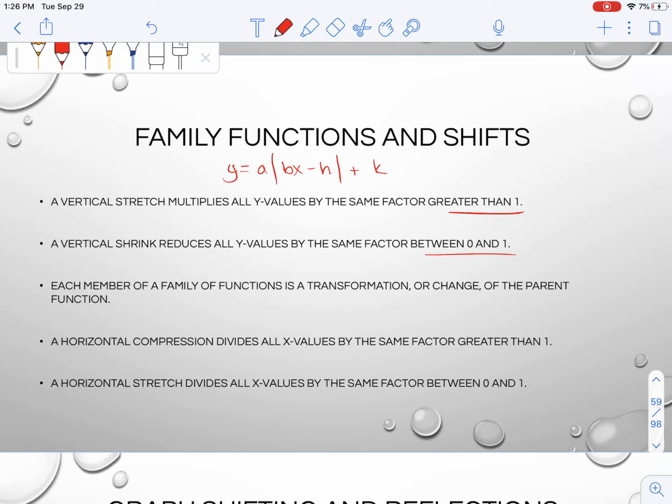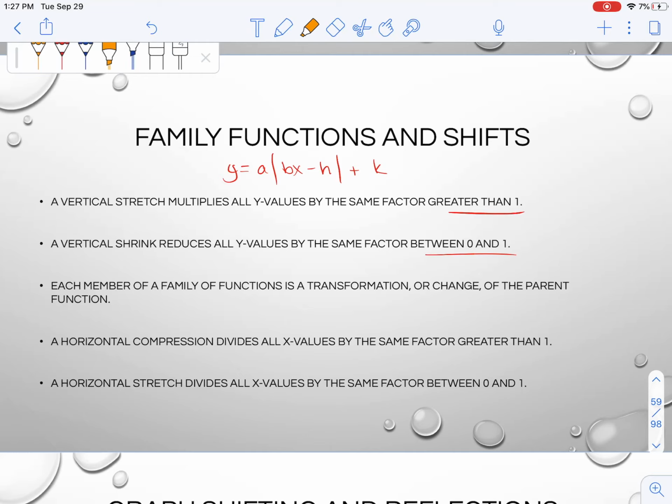Horizontal compression would be this component right here, the b inside of the function. So if I have a number times my variable x inside of the function, that's going to cause a horizontal stretch or compression. So it's going to compress it horizontally, which in non-periodic functions is going to look like a vertical stretch. So if I take something and make it really, really skinny, it only has one place to go, and that's going to be essentially up.